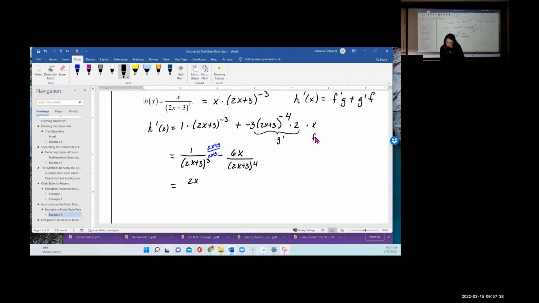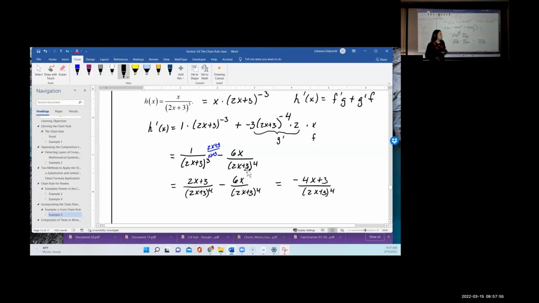So this gives me 2x plus 3 over 2x plus 3 to the 4th minus 6x over 2x plus 3 to the 4th. And when I combine the common fractions, I get negative 4x plus 3 over 2x plus 3 to the 4th. Now, I don't know which one of these makes more sense to you or which one seems easier. Whichever one seems easier to you or more logical, that's probably the way your brain works. So that's the way you should do it.